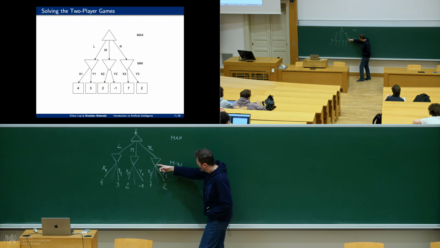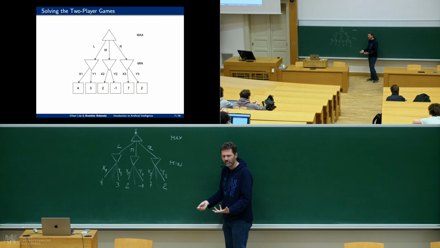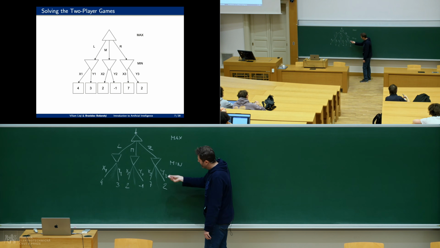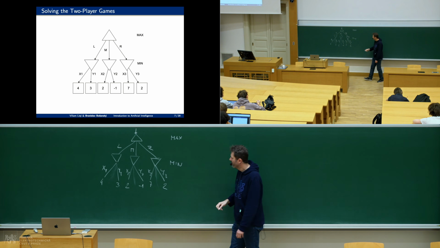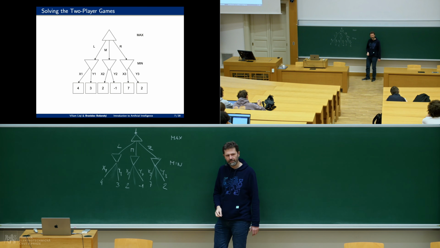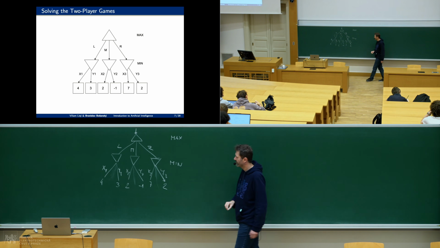So if we assume that the player 2 is rational, which we assume, it will never happen that in this state the min player will play x3, right? The min player here will always prefer this action.